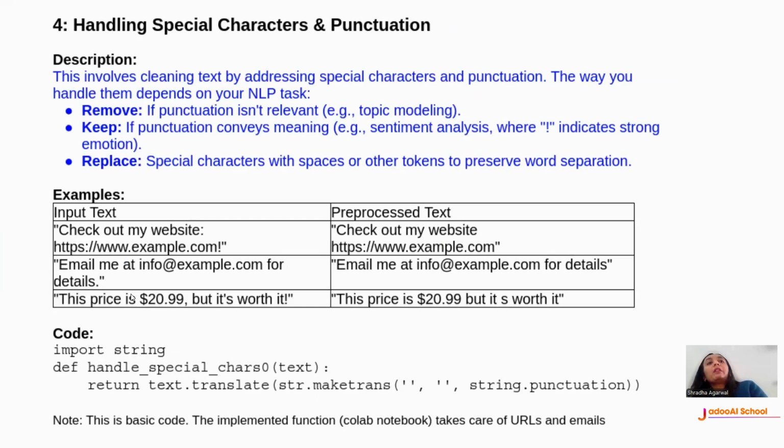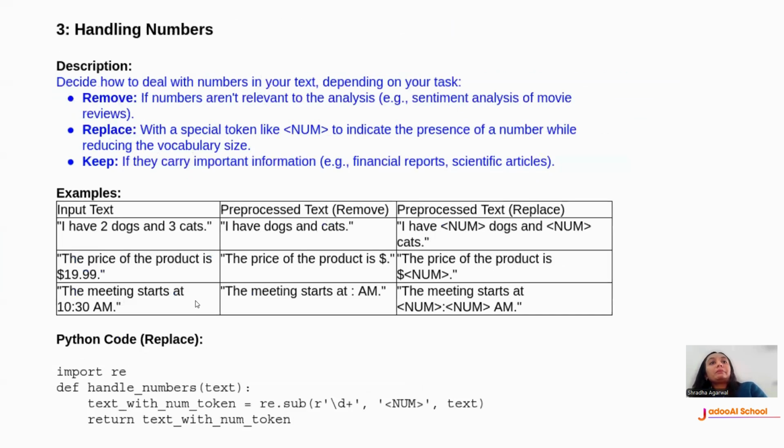Handling numbers: if I have 2 dogs and cats, if you remove the numbers, I have dogs and cats. Somewhere you need precision, so it was a number, it's a number. You can replace it with a special token like num to indicate the presence of a number. So this will just tell you that it's a number, right?